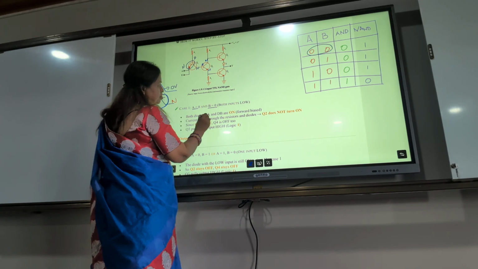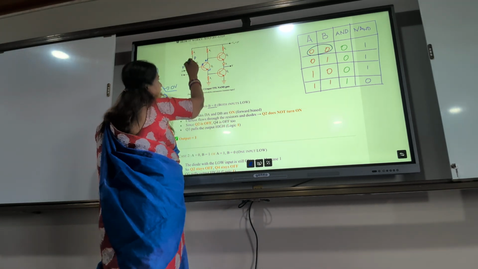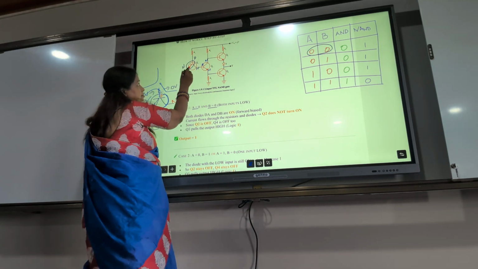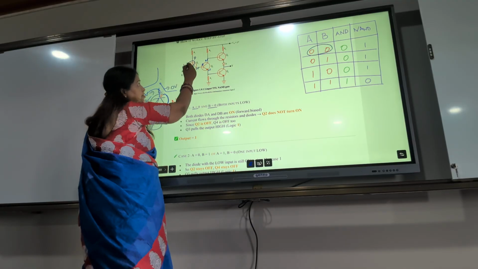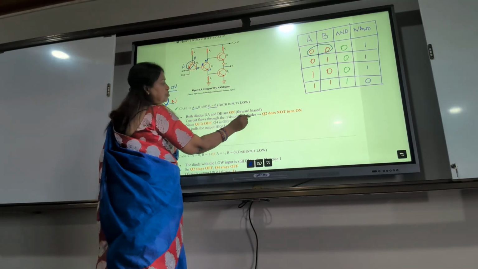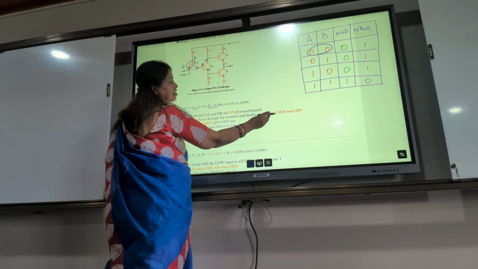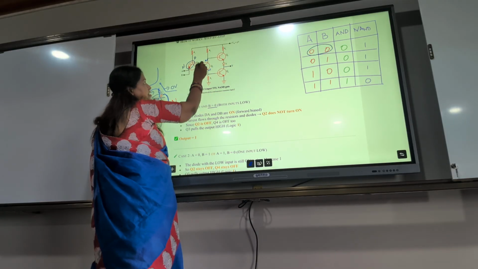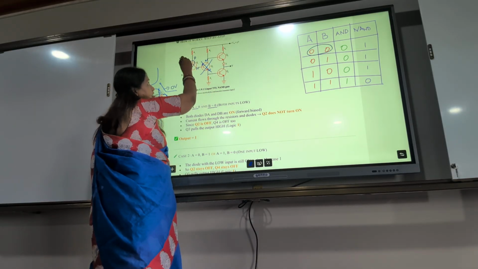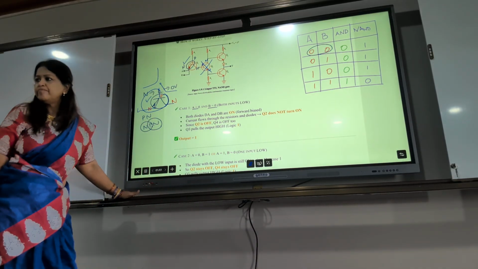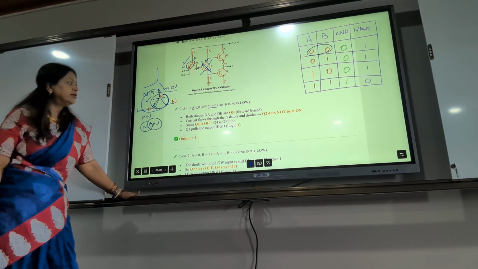Now the diodes DA and DB are on, forward biased. Current flows through the resistors and diodes. Q2 does not turn on. This is not turning on, but this is turning on. Any doubt in this? Okay.